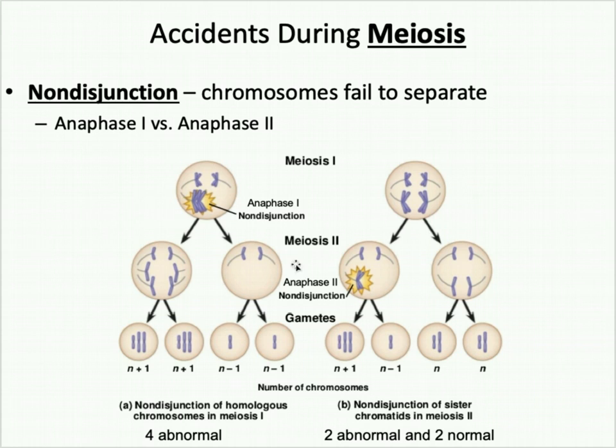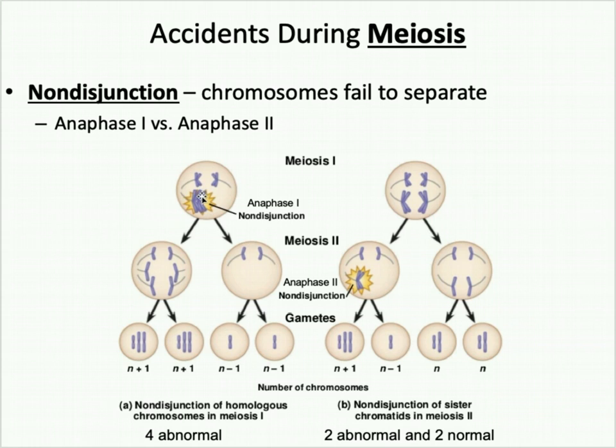So let's take a look at this scenario. Here in Anaphase 1, we know that homologous chromosomes are supposed to separate. This pair separated properly. However, this pair did not separate, and we get non-disjunction happening to this pair of homologous chromosomes.